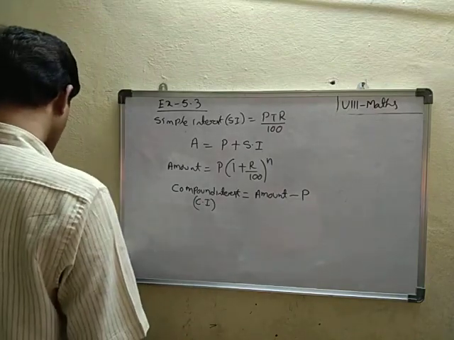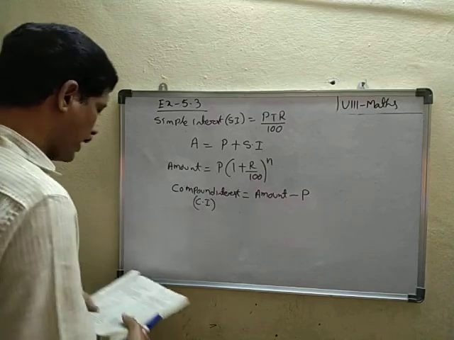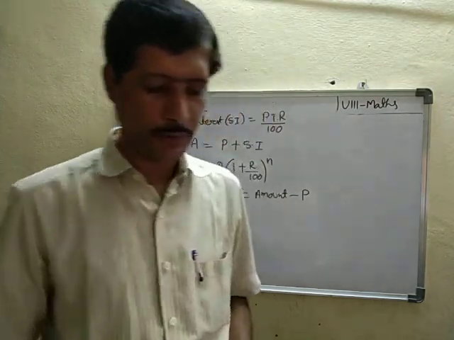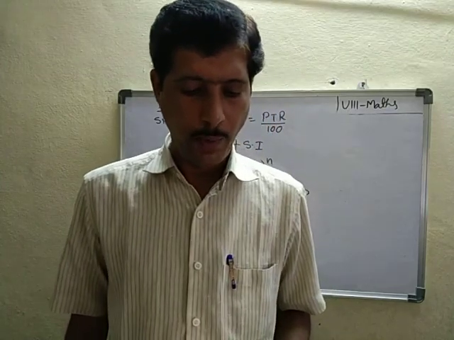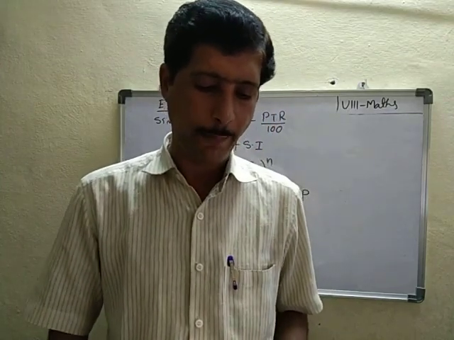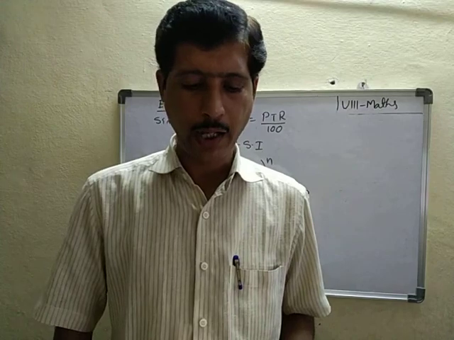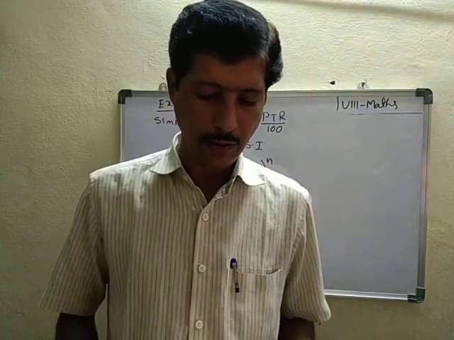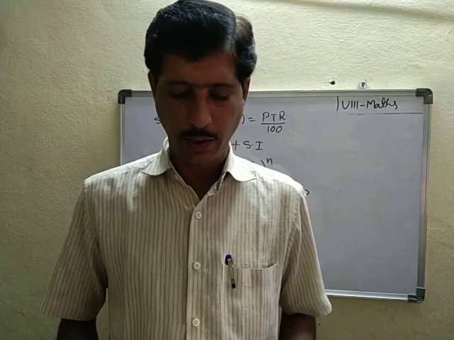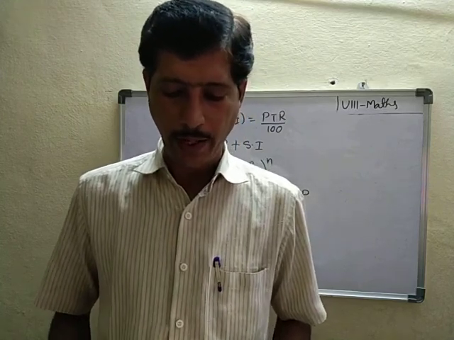Okay, here the first question: Sudhakar borrows 50,000 rupees from a bank to renovate his house. He borrows the money at 9% per annum, P.A. means per annum, simple interest over 8 years. What is his monthly repayment?